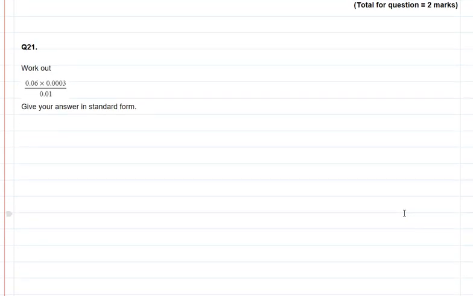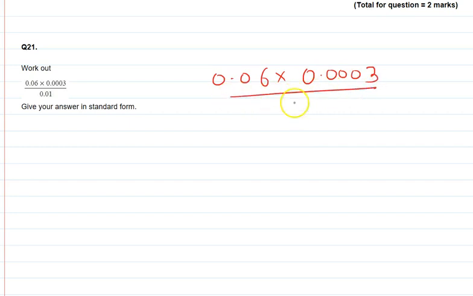Work out this question. Here it is given 0.06 times 0.003 over 0.01. So my method is, if we get rid of this decimal, what we need to do, because here the point is after 1, 2, 3 and 4 digits, get rid of this point and divide by 4 zeros here.